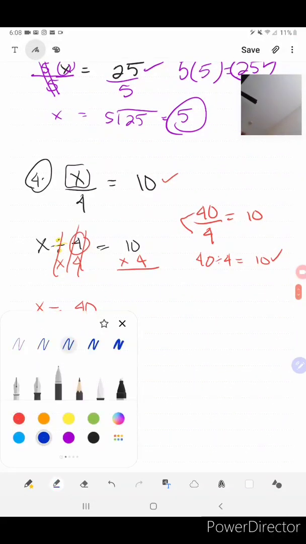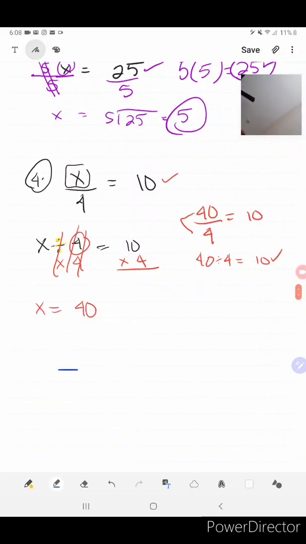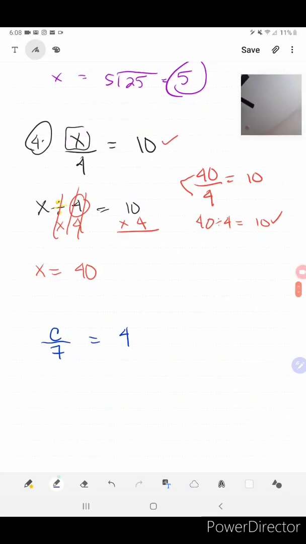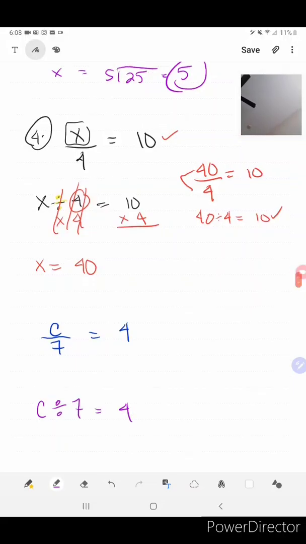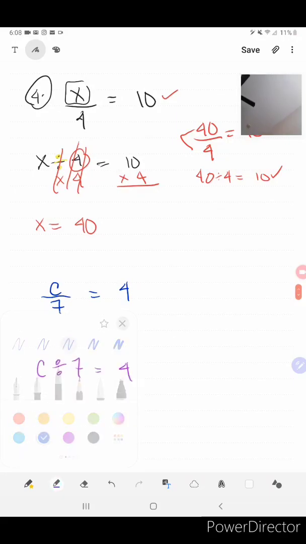So if we do, let's say c over 7 equals, not 20, not 28, equals 4. So we've got c divided by 7 equals 4. So what's the opposite of division?